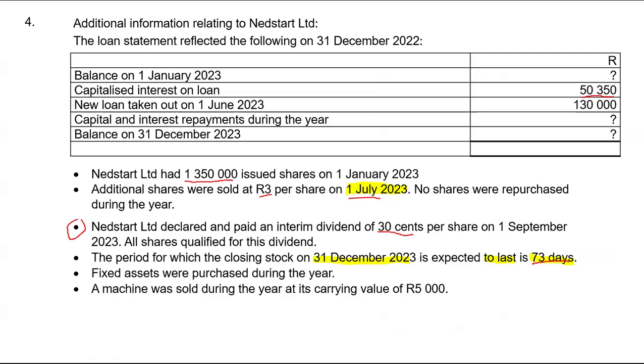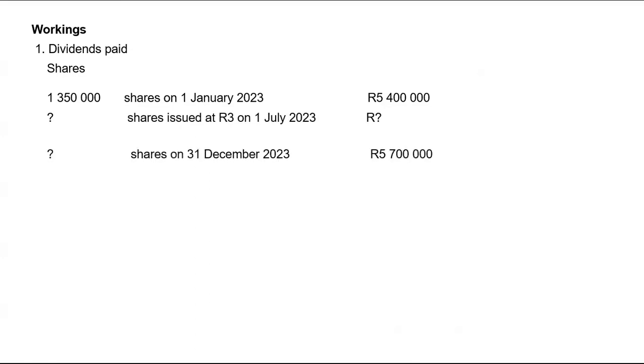Now, just to put it in writing, this is what I will do, guys. When it comes to dividends paid, I've got 1,350,000 shares, and the share capital was 5,400,000. But I know that I issued shares at 3 Rand on the 1st of July. My closing balance of share capital is 5,700,000, and there was no buyback of shares, which means I only issued shares on the 1st of July, which raised my capital by 300,000.